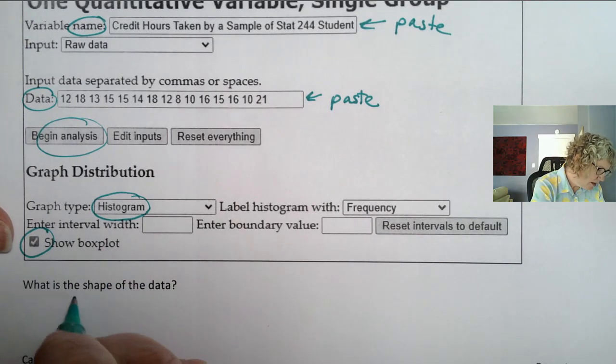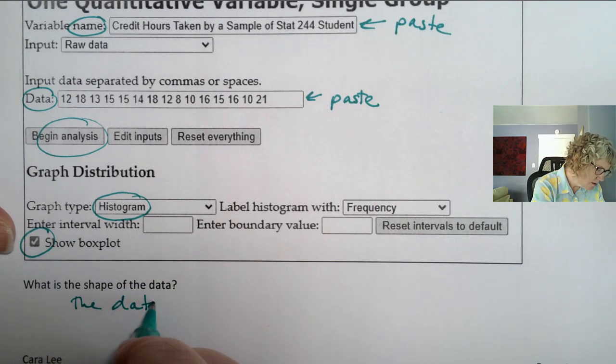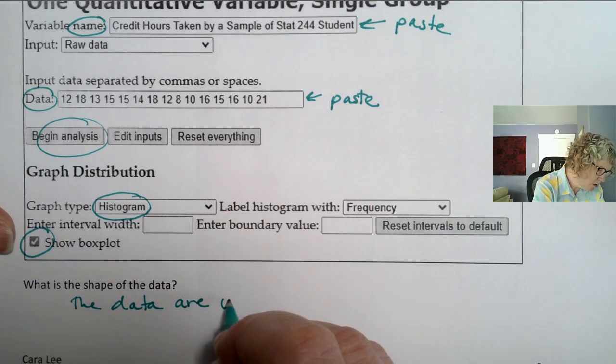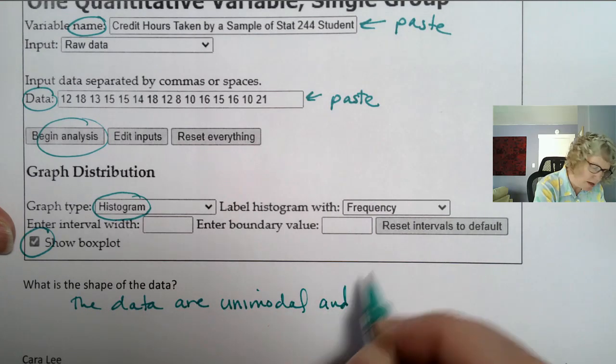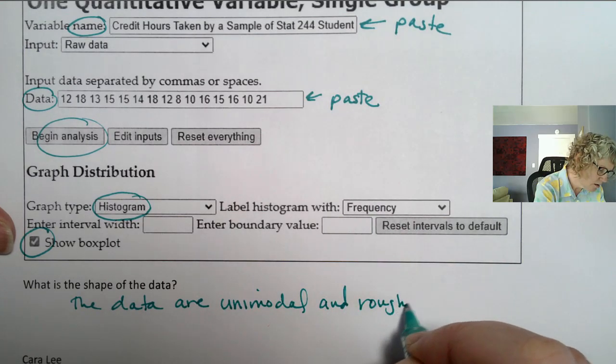So I would say the data are unimodal, one peak, and roughly symmetric.